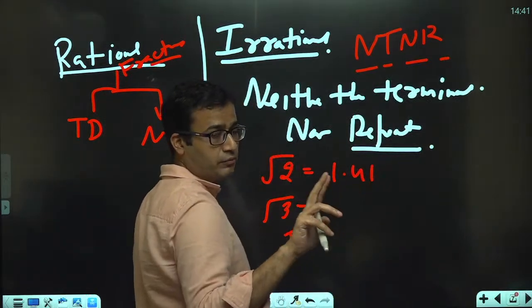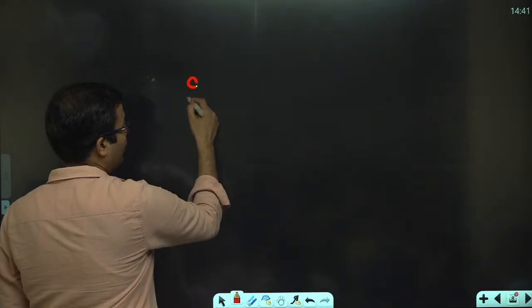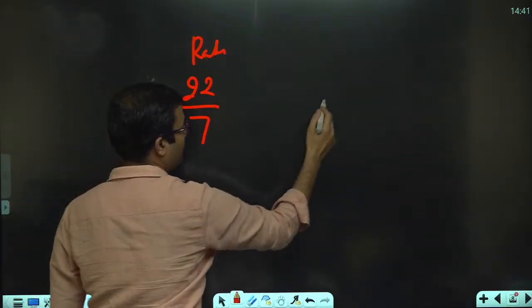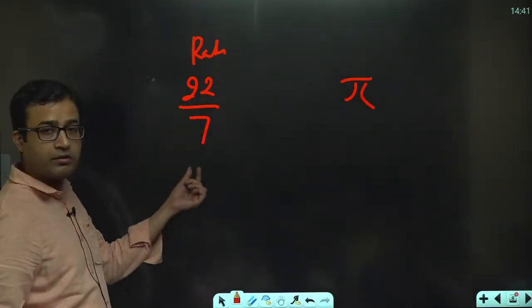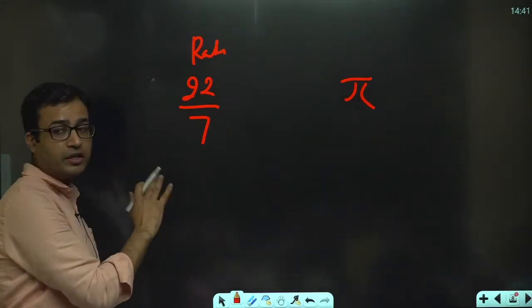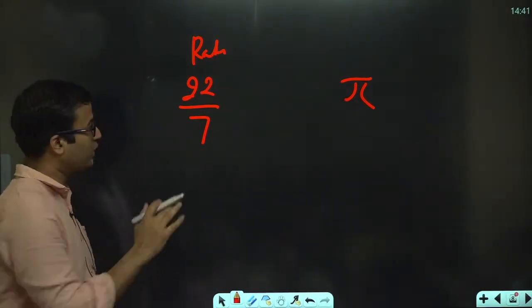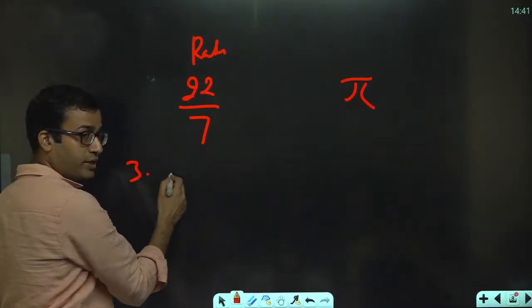He asked me one thing, 22/7, let me tell you, 22/7 is a rational number, whereas pi is an irrational number. When you convert 22/7 in decimal, here there will be a repetition. If you check, it will be 3 point something.